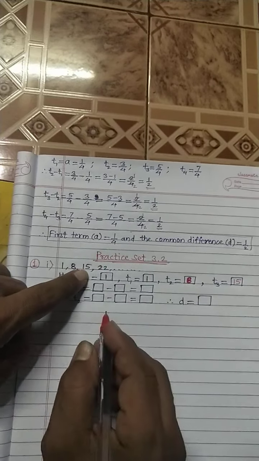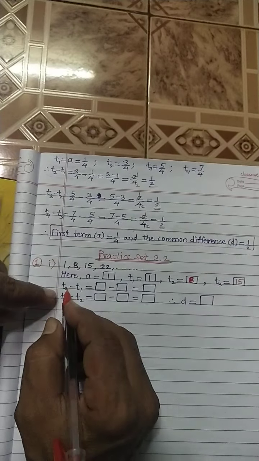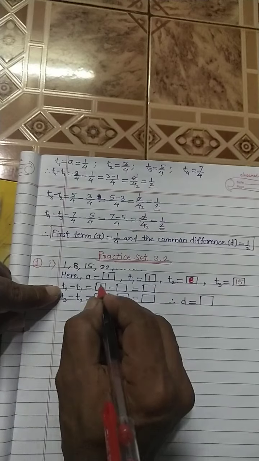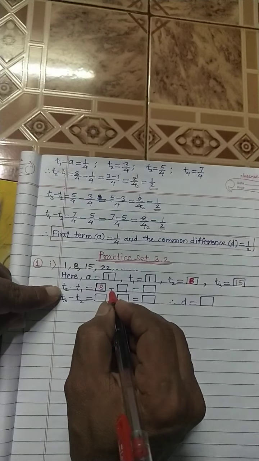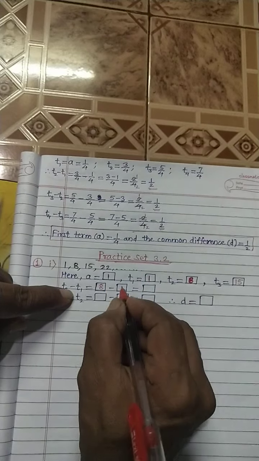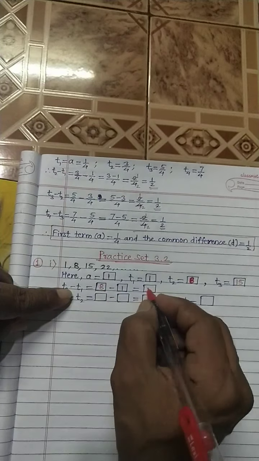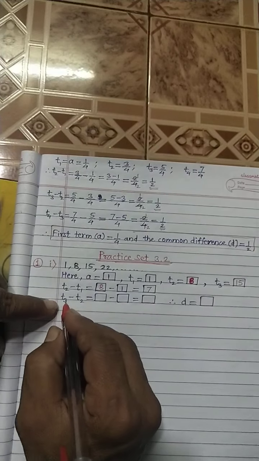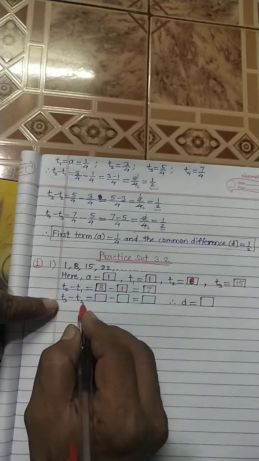15. Here T2 minus T1 is 8 minus 1, which is 7. Now we also have to write T3 minus T2.